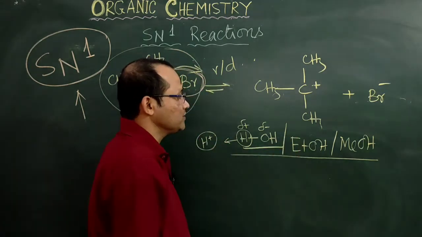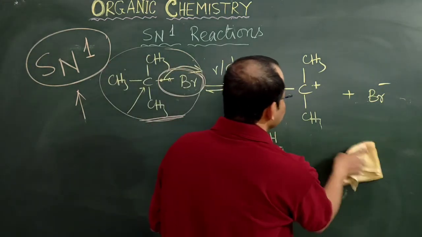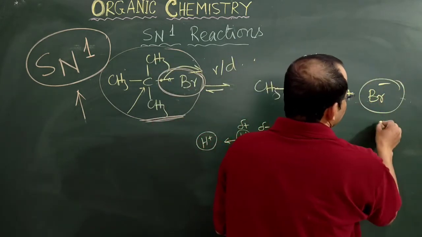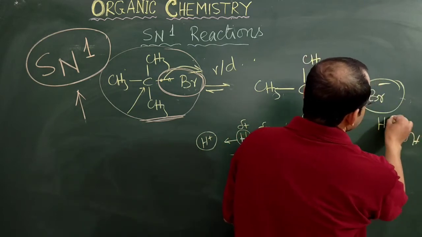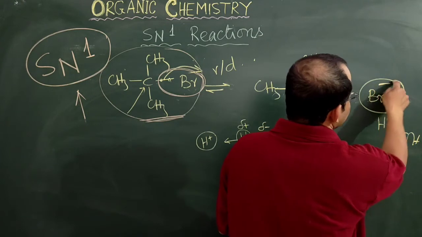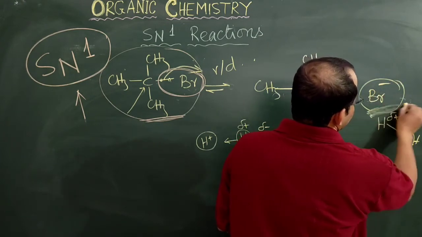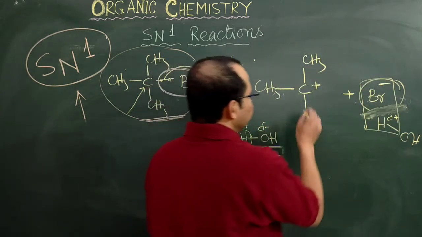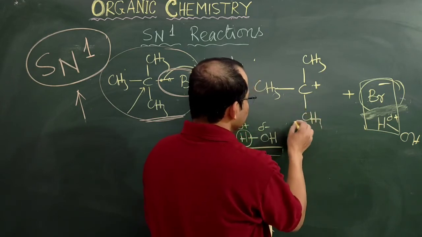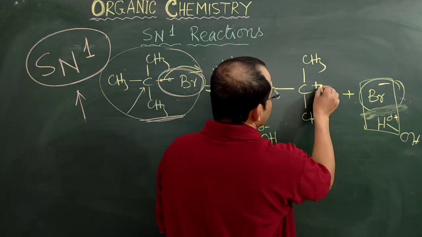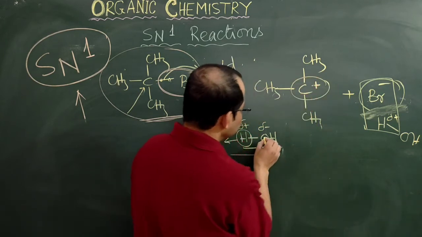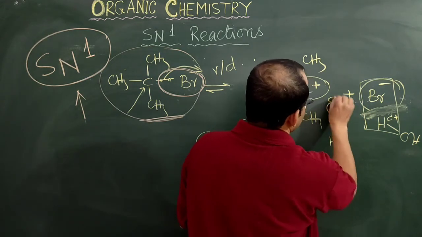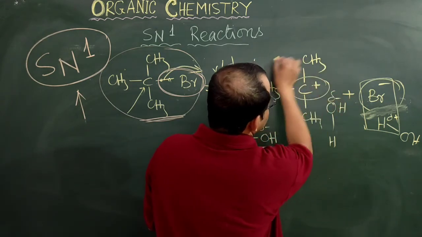Now if we consider these polar protic solvents, what will happen is that here two substances are there, so water will stabilize this one in this way. This is partially positive, this is negative, so one kind of attractive force will be generated here, so they will remain associated with each other. And here also, if a water molecule is there, then with this positive charge, the OH negative, that is this portion, will stabilize this one.